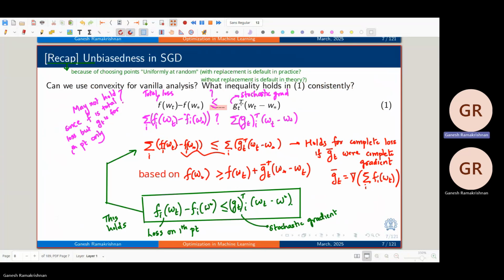We are assuming convexity, so the gradients should all have a single direction, whereas subgradients can have different directions.